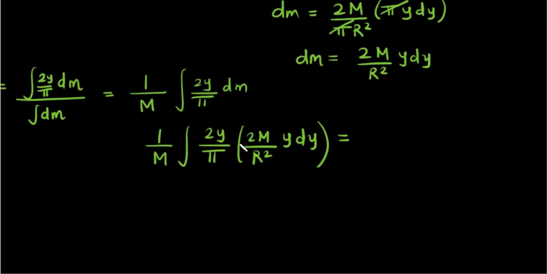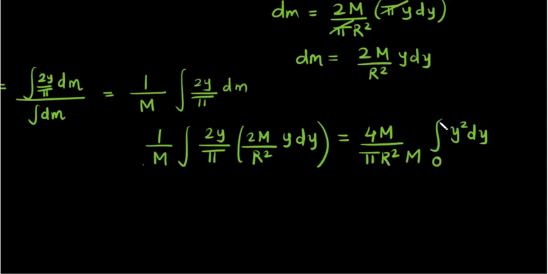This is equal to, now you can see, 4m by pi r square can come out, and there is another m already in the denominator. So you have to integrate y square dy, right?